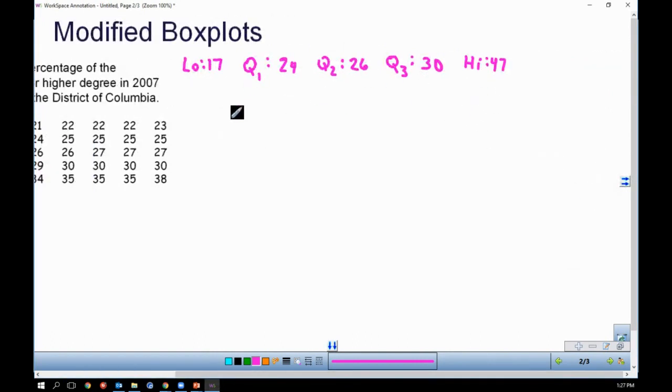Okay, so we need to get our interquartile range. So remember, IQR is found by doing Q3 minus Q1, which gives you just 6.